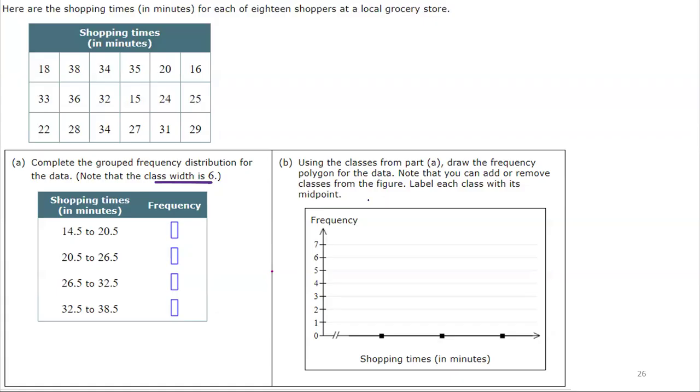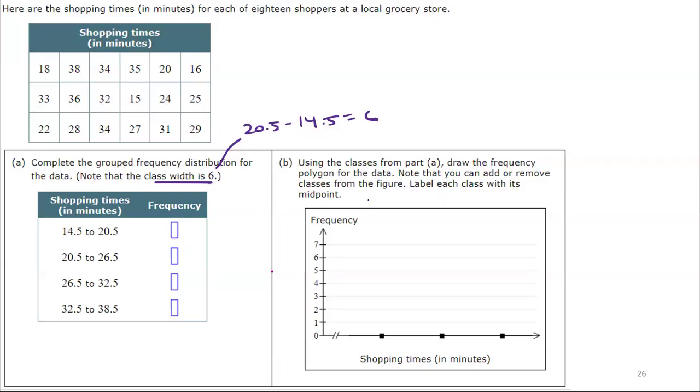So 20.5 minus 14.5 will give you 6. So that's how they're getting the class width. That's different from the ones that we've been doing. So if you're questioning that, that's how they got that.